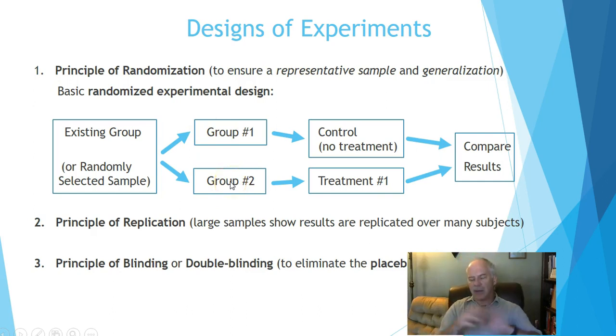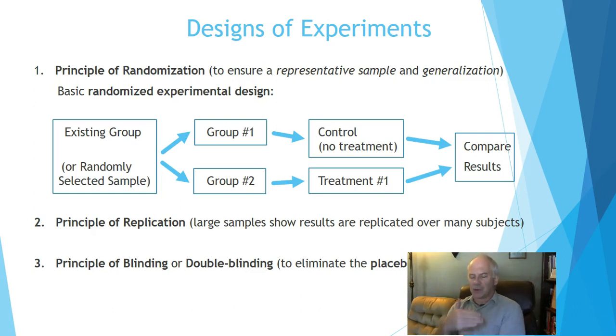So you just put their names in a hat and choose half of them, or use some type of random way of deciding who's in group 1, who's in group 2. All right, so then you apply a treatment to one of them, and then you just leave the other one alone, or don't have a treatment for that. So you have a control, which is the no treatment, and then you have a treatment.